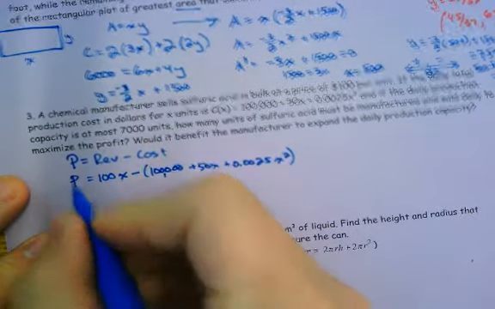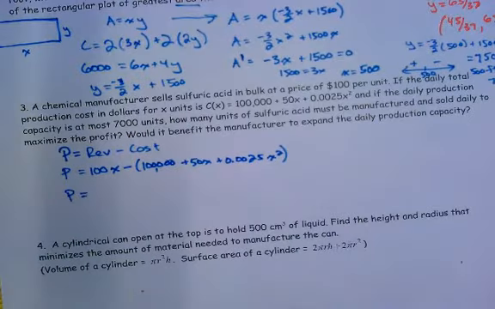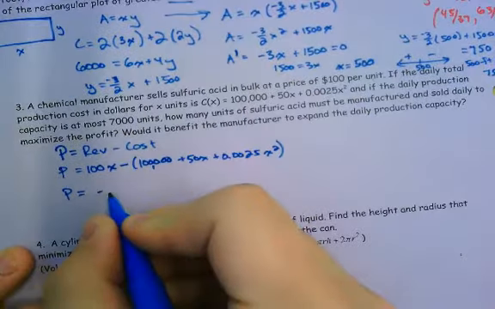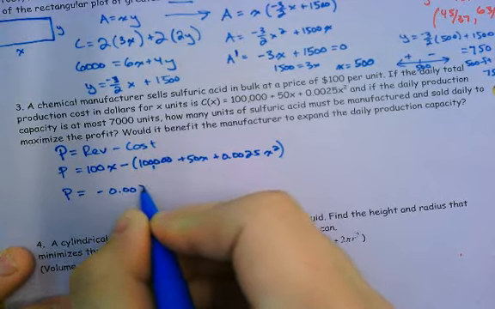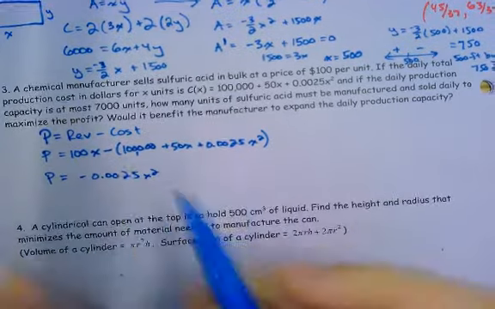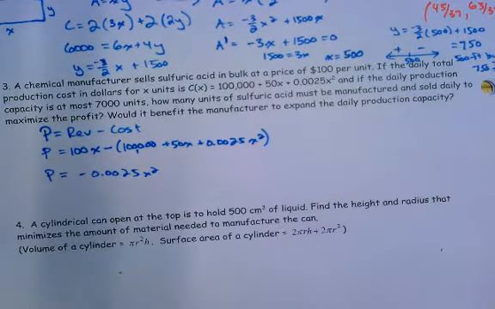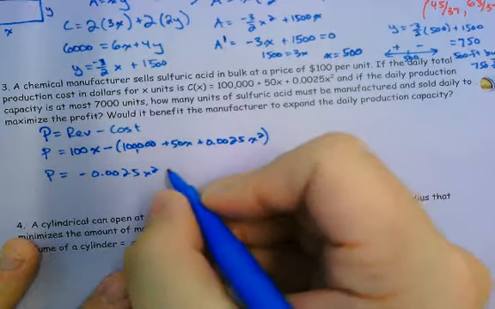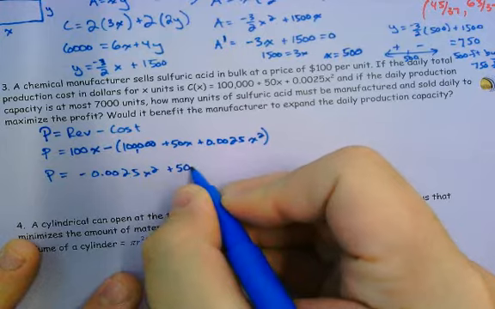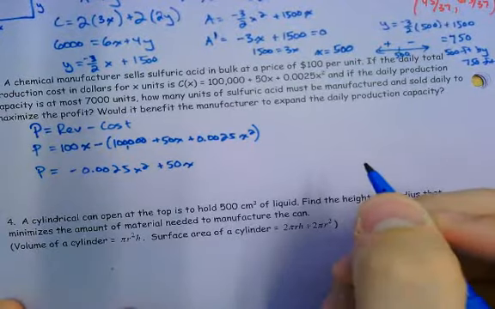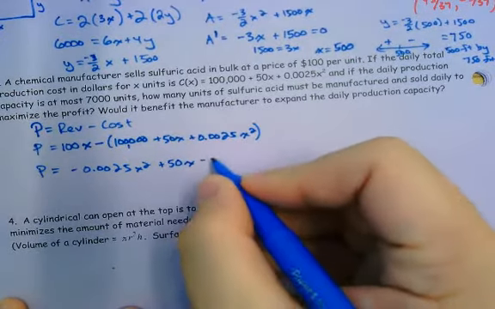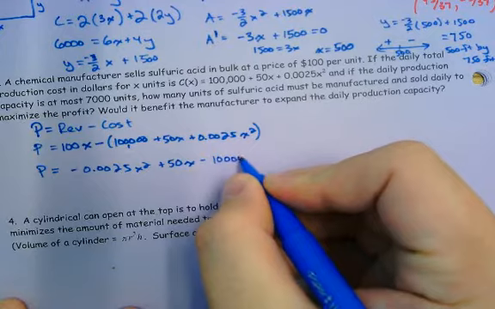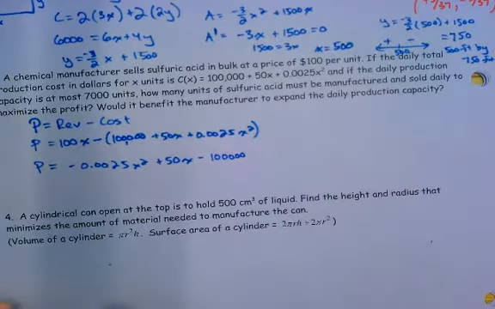So let's simplify our P here, and then we take the derivative. We're going to get negative 0.0025x squared. I'm just putting it in order from highest to lowest power. Plus 50x, minus 100,000.